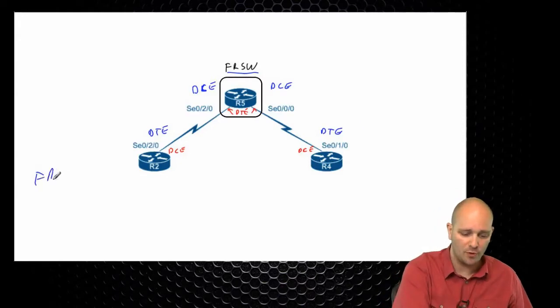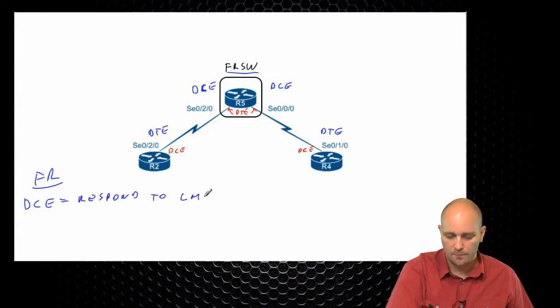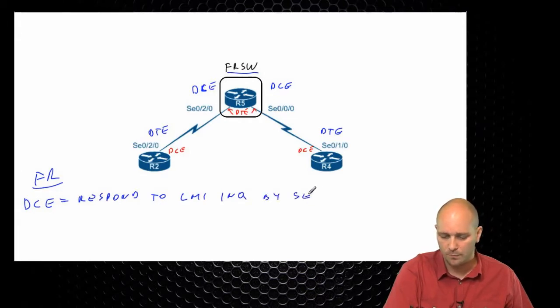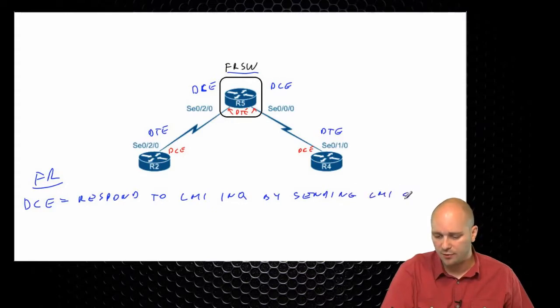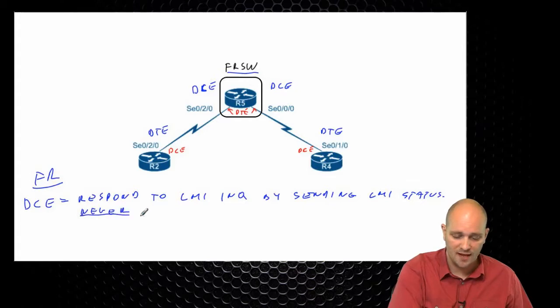So for frame relay functionality, the function of DCE is to respond to LMI inquiries by sending LMI status responses. Now, one thing to note about the DCE is that it never sends LMI inquiry.